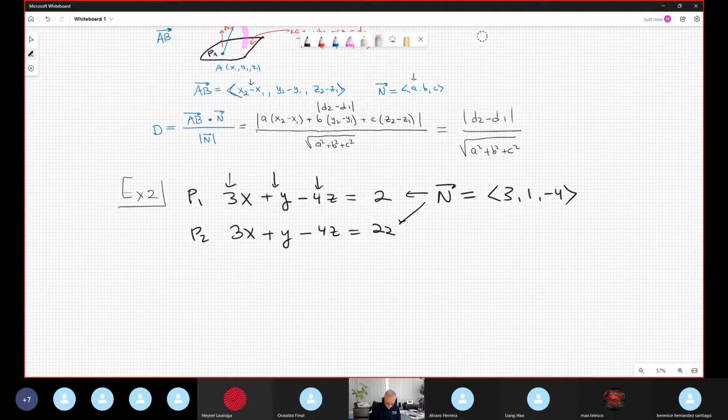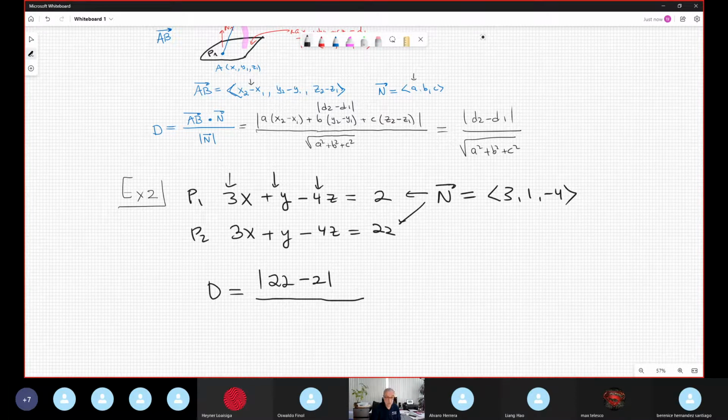Okay, ready. So, plug it in. Plug it in where? In the formula. The formula is capital D is equal to the absolute value of 22 minus 2. Doesn't matter which is D1, D2. Either you put 22 minus 2 or 2 minus 22, but when you take the absolute value, 20.